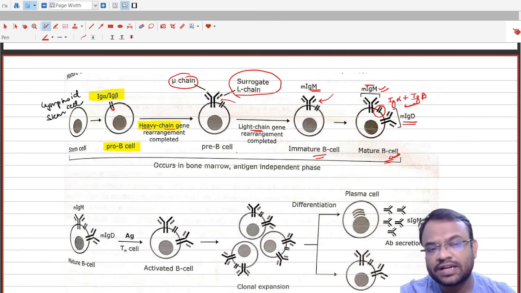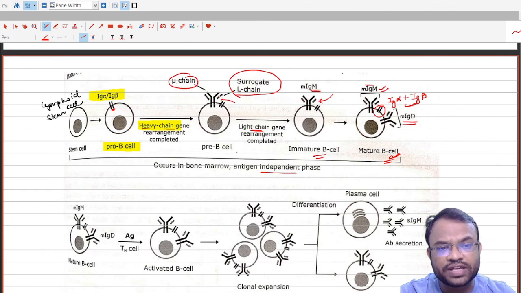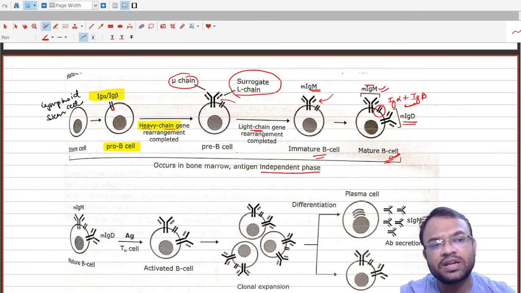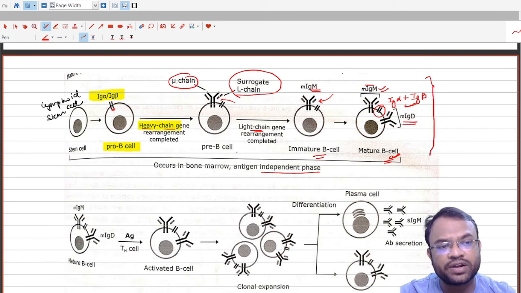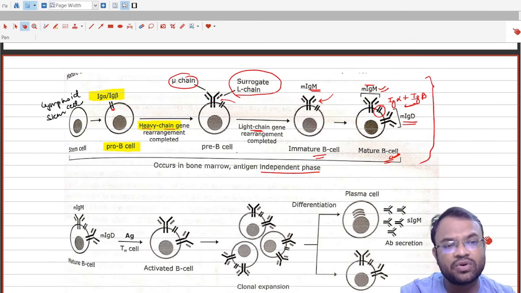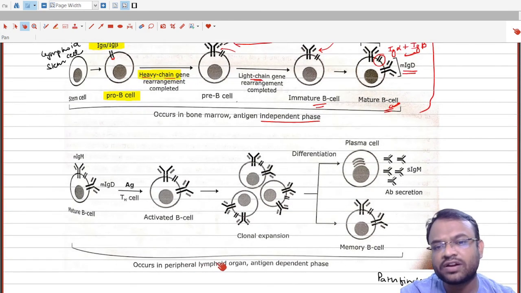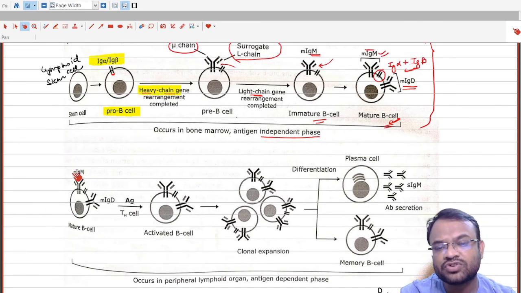This was the antigen independent phase. That means this phase was not dependent upon antigen. Up till now you did not see any antigen coming over here, right? There was no antigen. But now the mature B cell would be transported to the secondary lymphoid organ, or peripheral lymphoid organ. These mature B cells had IgM and IgD present.